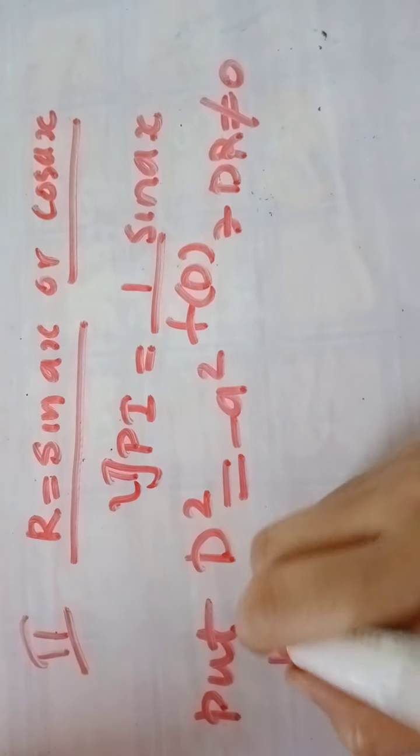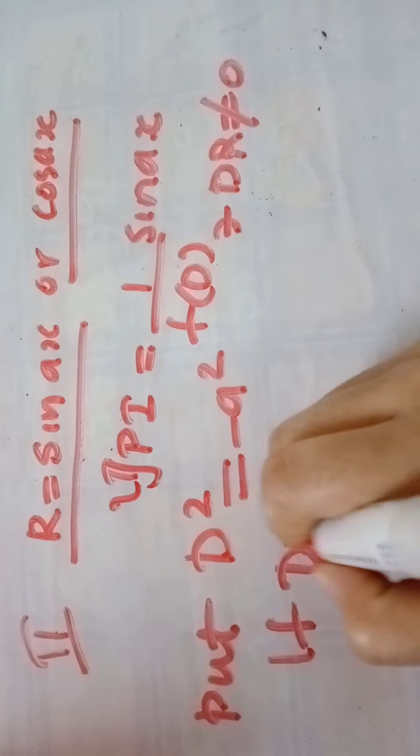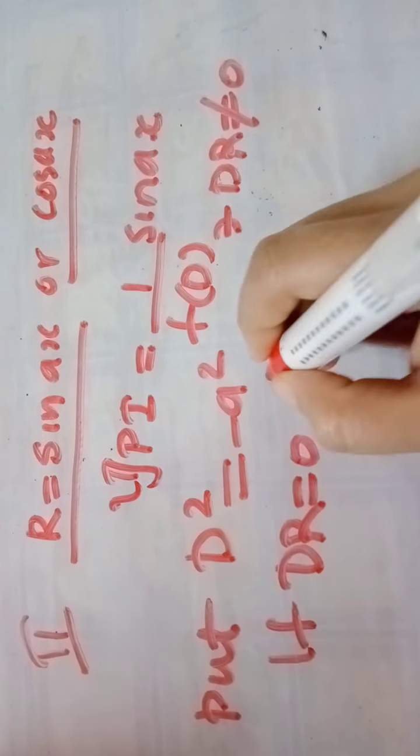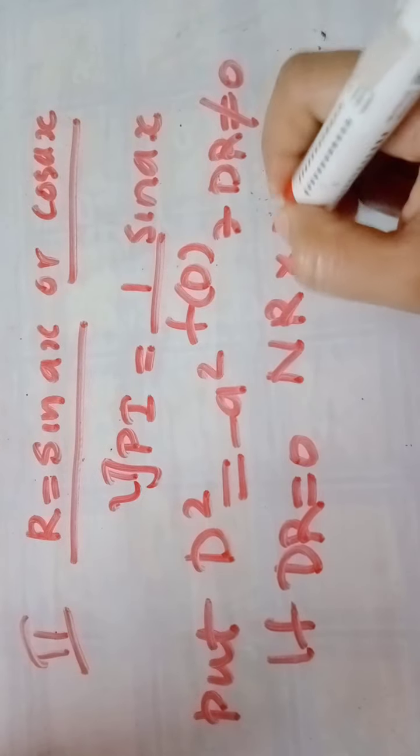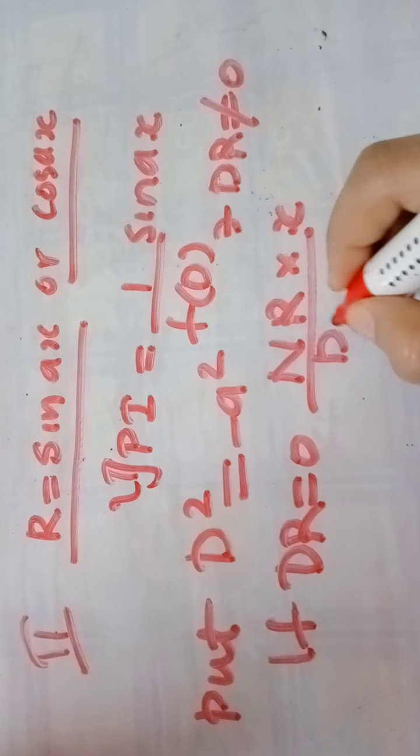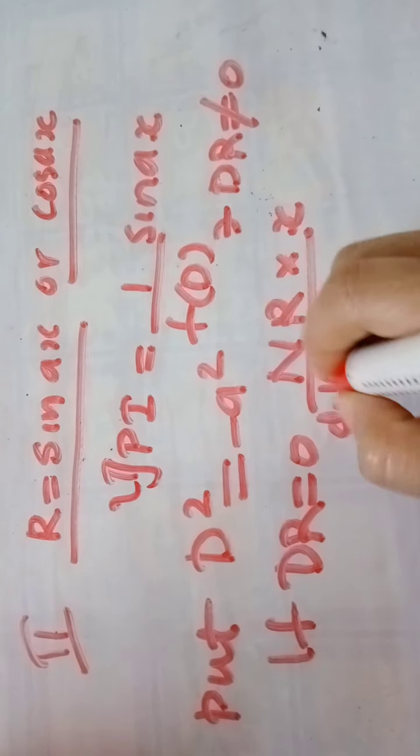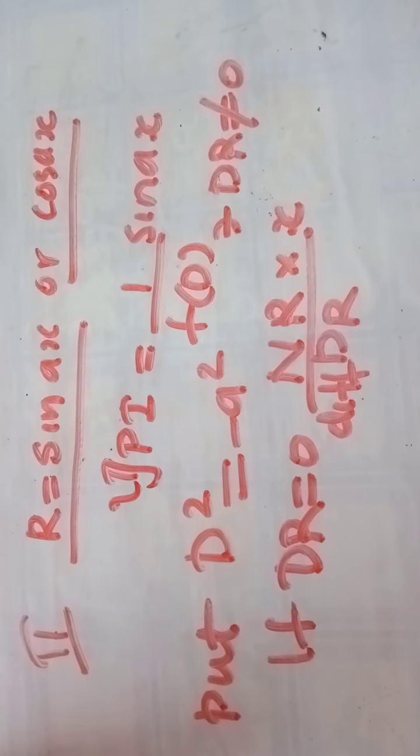And if the denominator is equal to 0, what do we have to do? Multiply the numerator with x and differentiate the denominator. So this is the method for a non-homogeneous differential equation whose right hand side is a function of sine or cosine.